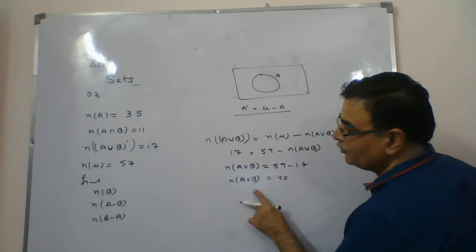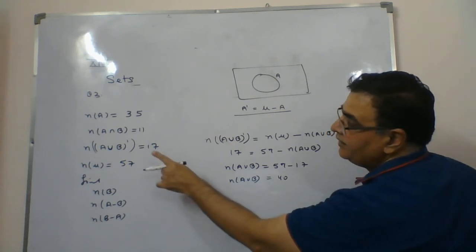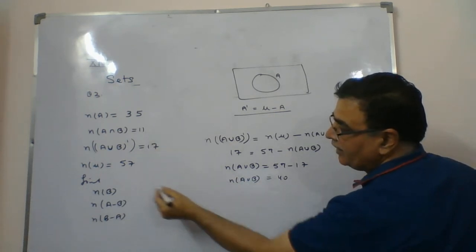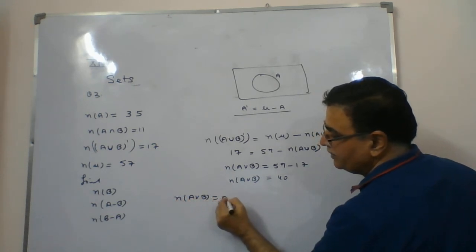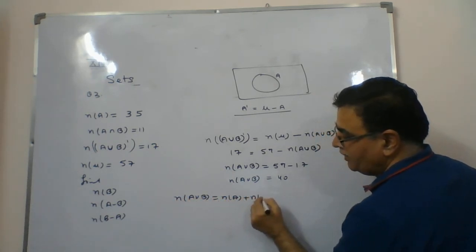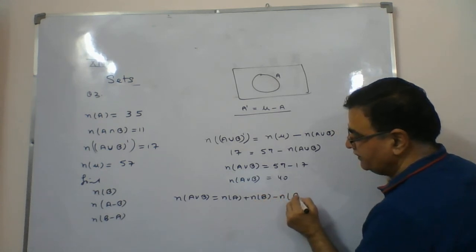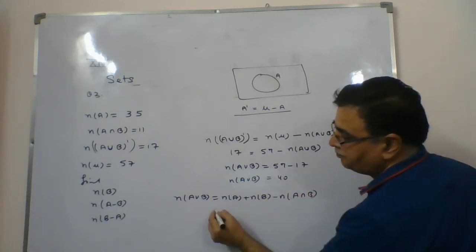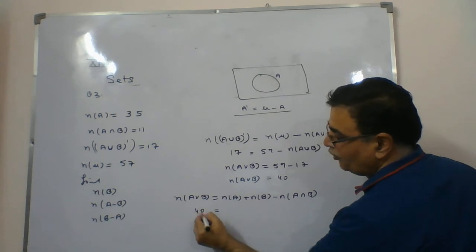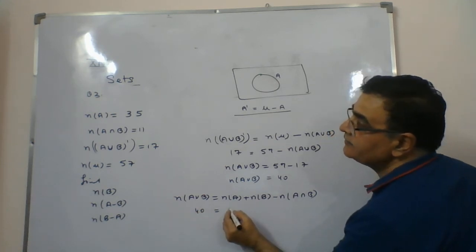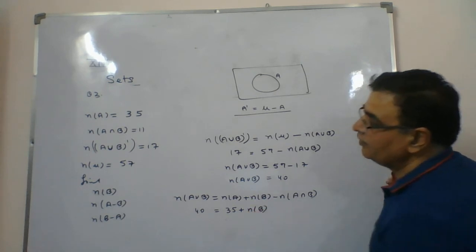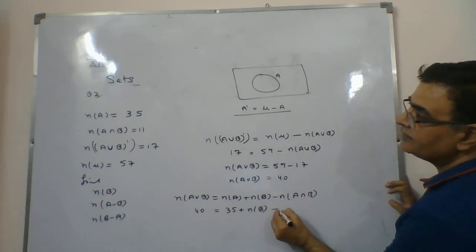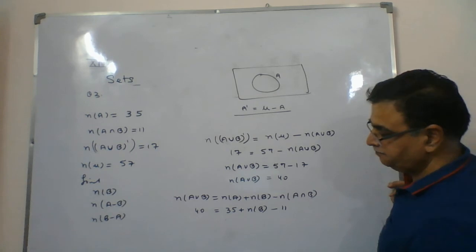And now n(A union B) is known. n(A intersection B) is also given, so I want n(B). So you can calculate that also. n(A union B) is n(A) plus n(B) minus n(A intersection B). A union B is already 40. n(A) is given as 35. n(B) has to be calculated and n(A intersection B) is also given 11.